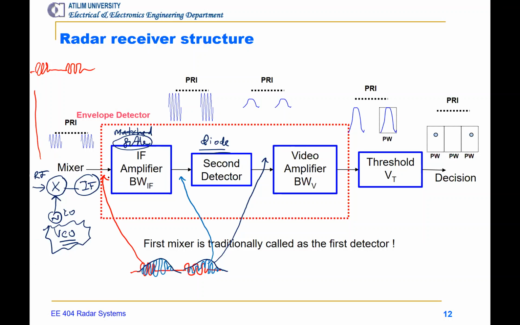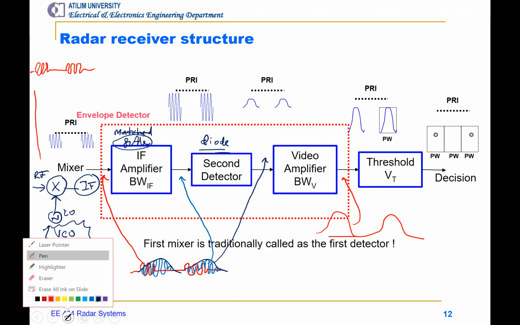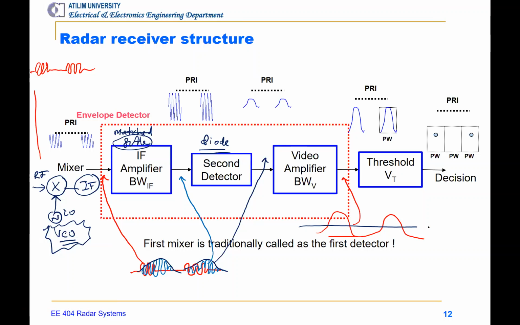And after the video amplifier, of course, we'll have stronger signals, just like this. Then we got a threshold detection, where we have a threshold. Let's say we set a threshold here, and take some samples here, here, here, here, here, and compare with the threshold.